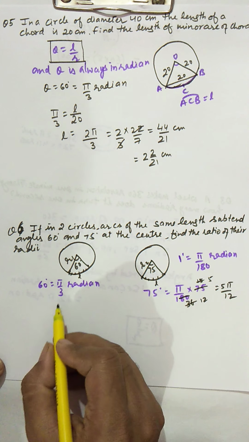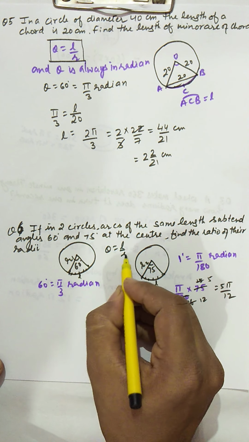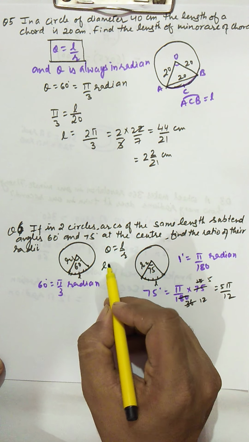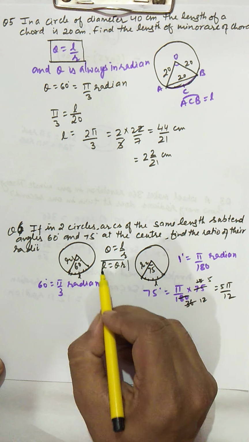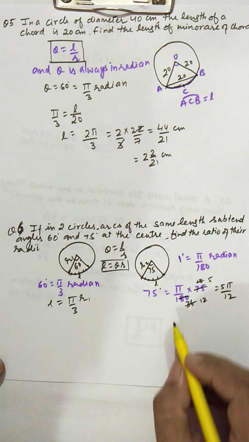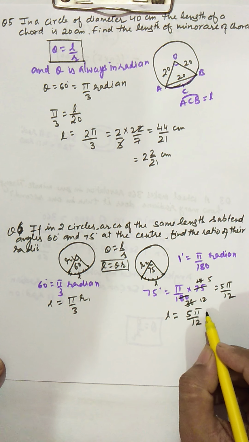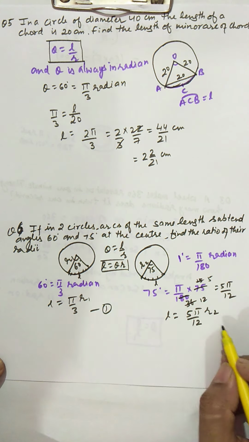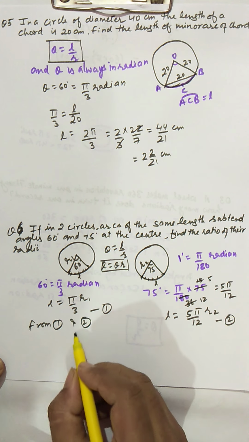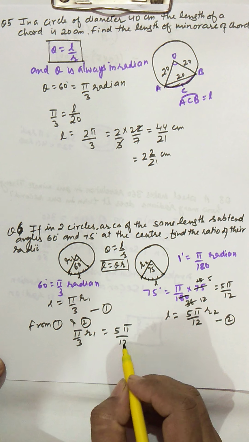Now from here, if you know this relation that theta equals L upon R, L will be theta into R. So we can write L will be theta, which is pi by 3, and radius is R1. And L will be theta, which is 5 pi by 12, into R2. So this is my equation number 1, this is my equation number 2. From 1 and 2 you can see that pi by 3 R1 equals 5 pi upon 12 R2.